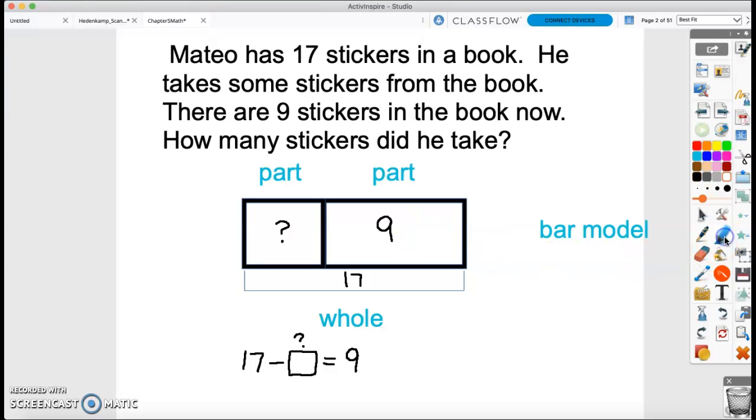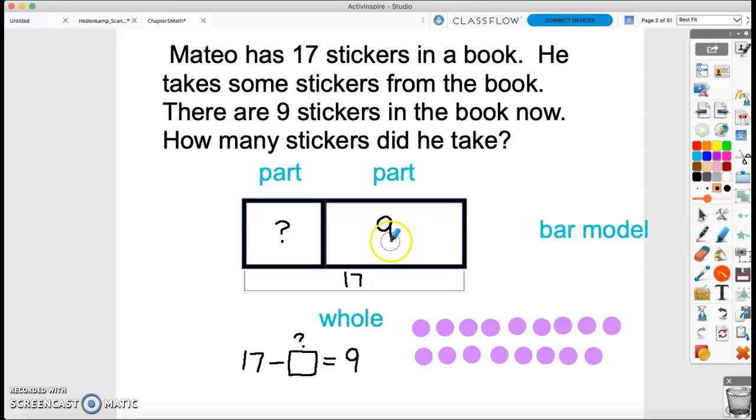So I'm going to draw a picture of this. So he has 17, and I'm just going to use some circles. So he has 17. So I'm going to count. 1, 2, 3, 4, 5, 6, 7, 8, 9, 10, 11, 12, 13, 14, 15, 16, 17.